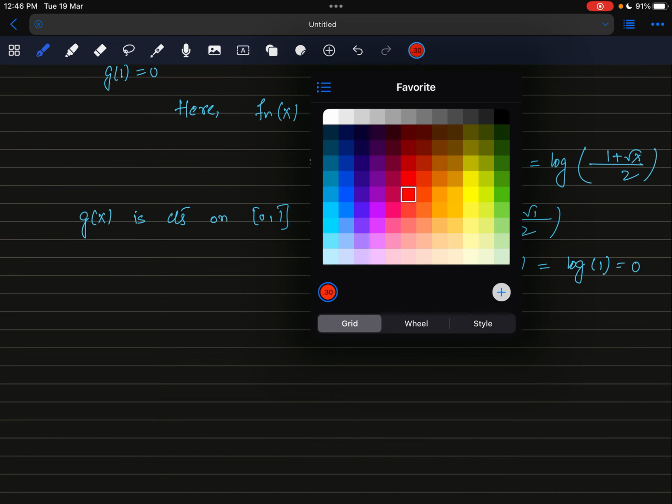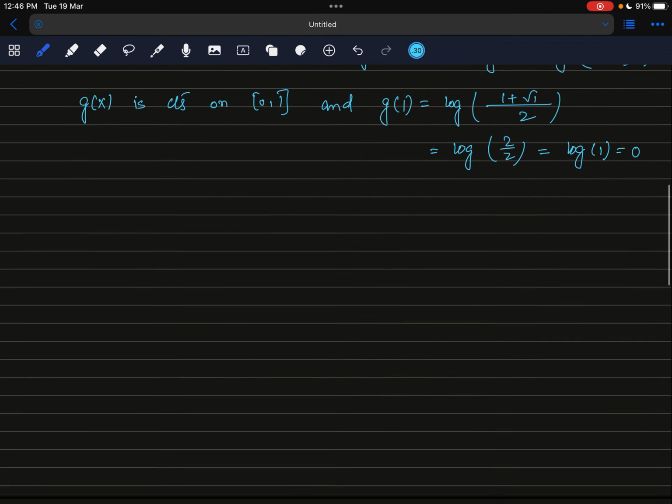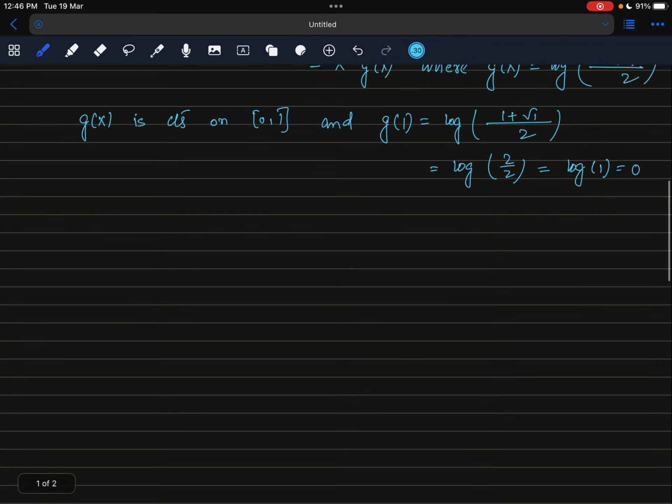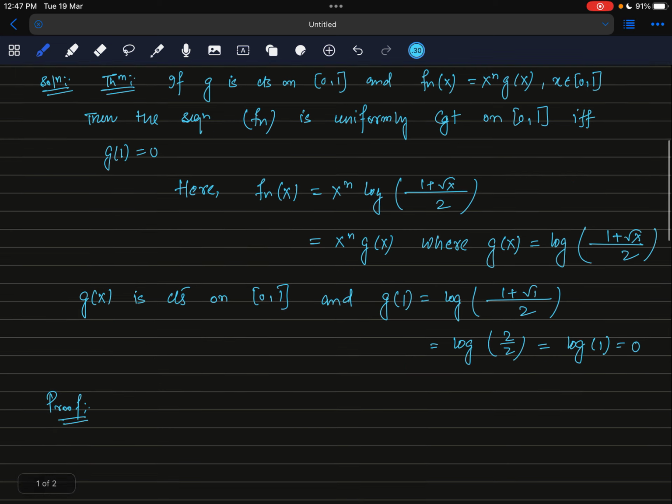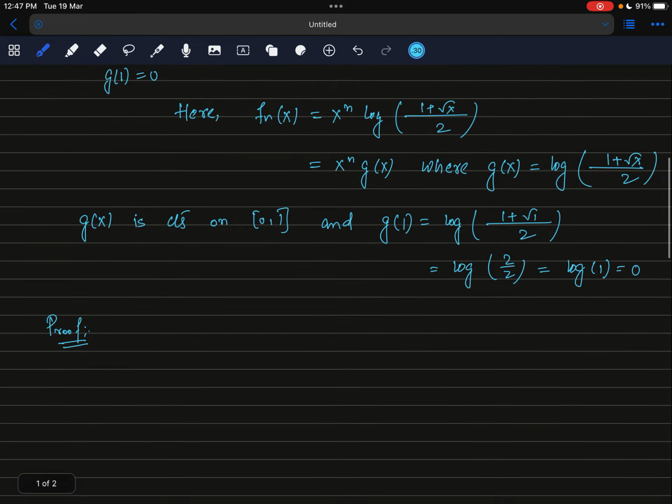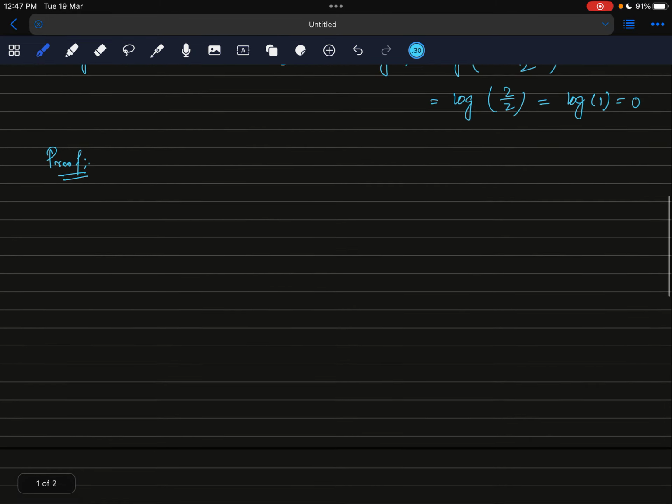Now we'll see the proof of the theorem that we've used here. What the theorem says: if g is continuous on the closed interval [0,1] and f_n(x) is of this type, x^n g(x), where x belongs to [0,1], then the sequence of functions f_n is uniformly convergent on this interval if and only if g(1) equals 0. So how do we prove it?